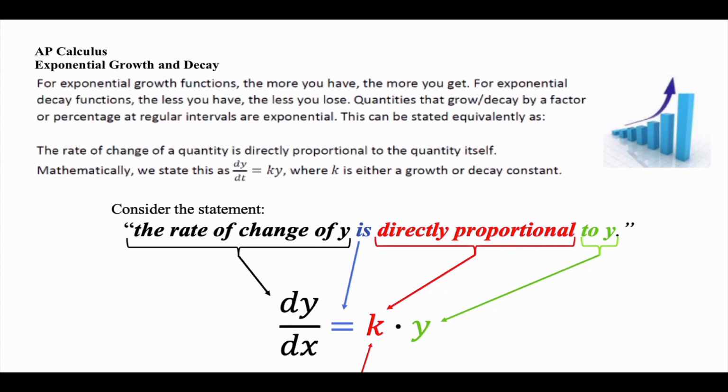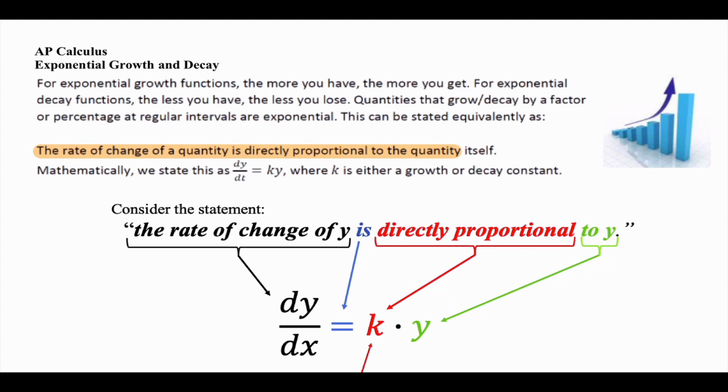This right here. You will see some wording of that in the question. It'll say, rate of change of quantity is directly proportional to, something along those lines. Those are the key words you're looking for.